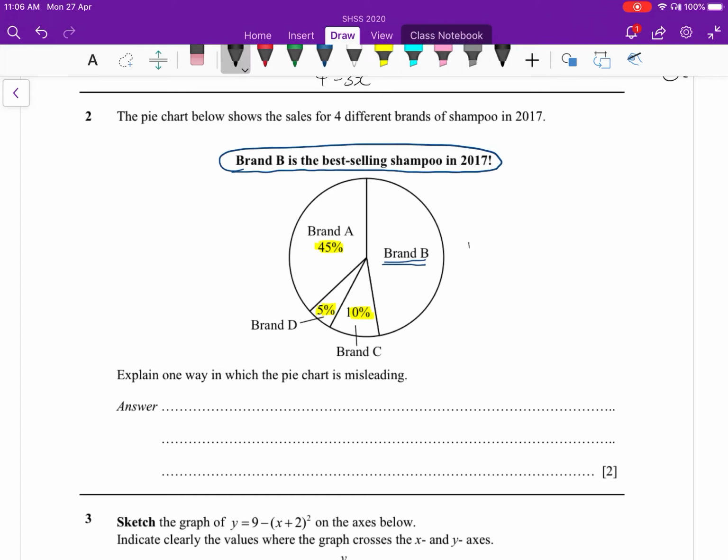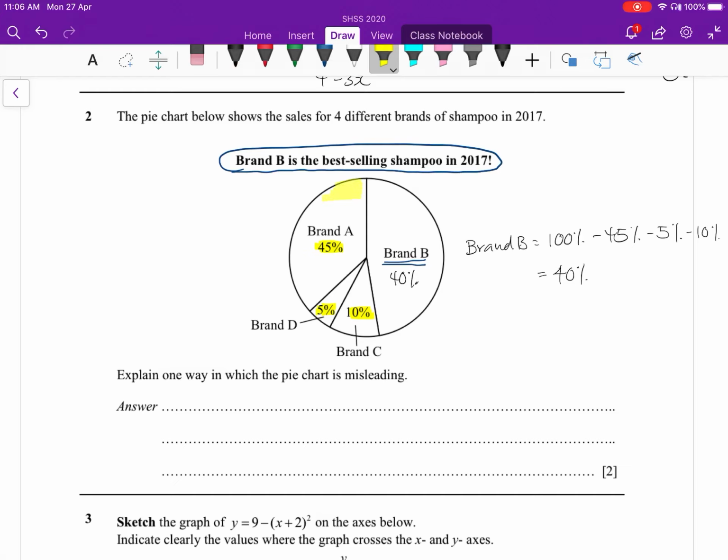So let's do some working. Brand B is actually 100% minus 45% minus 5% minus 10%. You will get only 40%. So brand B is 40%. Now what do you notice here?